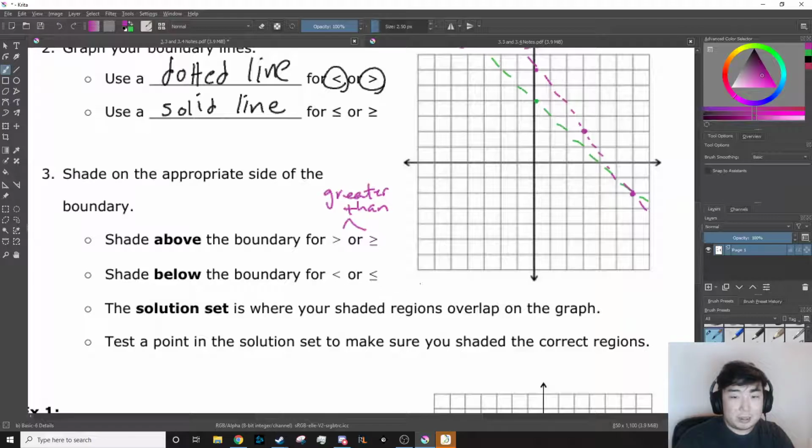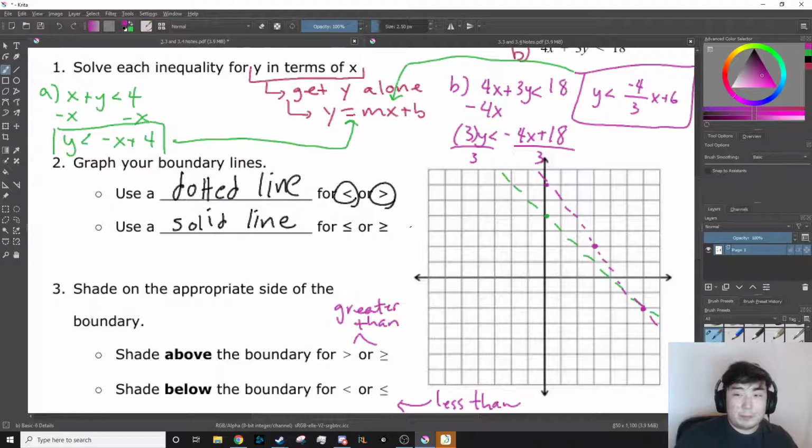So these are less than. In both of my cases, I have less than here, and I have less than here. So I am going to shade them differently.